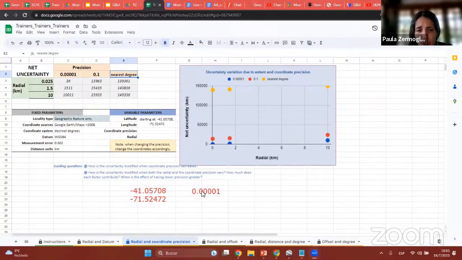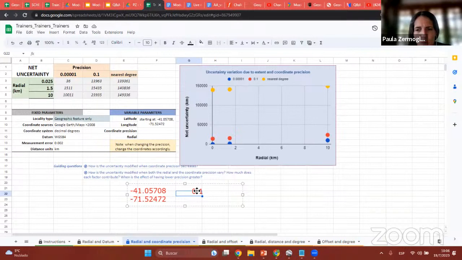If we change the precision as is given up here, we need to change the coordinates that we give. Because if we change the precision and say, for instance, let me select this one, and say the precision is 0.1, and we keep these coordinates here, they don't match. These coordinates don't have this precision.